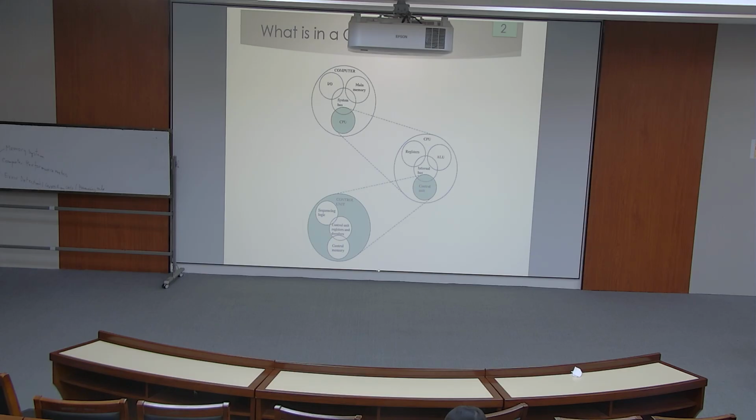Then we have different components of the CU: the sequencing logic, control unit and the registers, and also control memory. So this is a big picture of what we have in the computer.